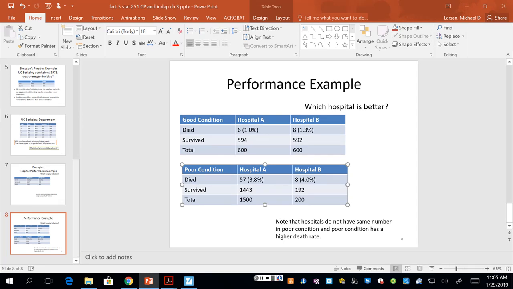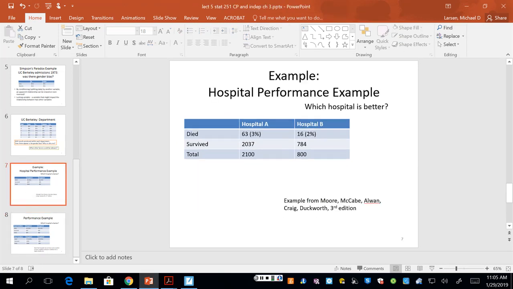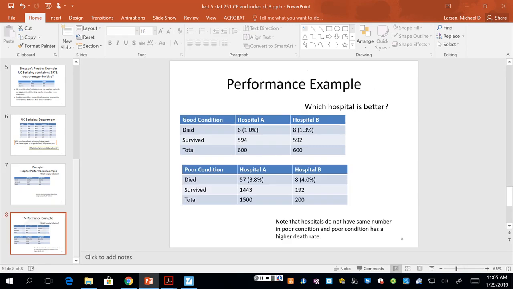But Hospital B might have a different split with 600 coming from this good condition, only 200 here that come in severe cases. And if they had a death rate of 1.3% and 4% here, the numbers would add up to get that other table. In that other table, when it was aggregated, Hospital B had the better survival rate. What's happened in these two once we split it on that extra variable?